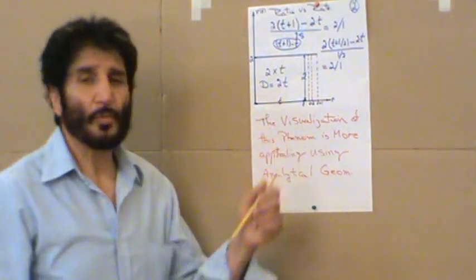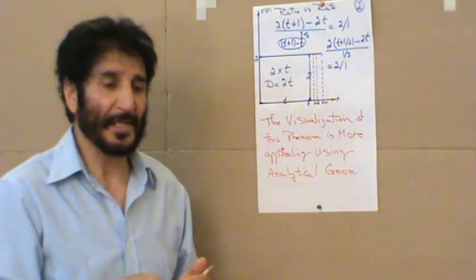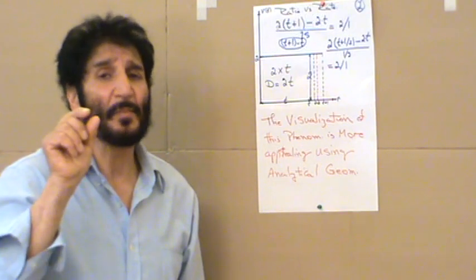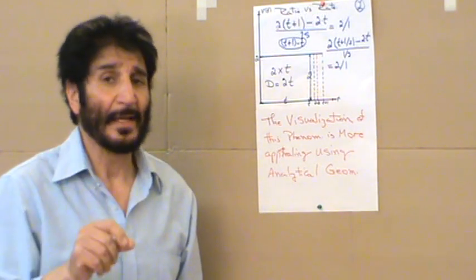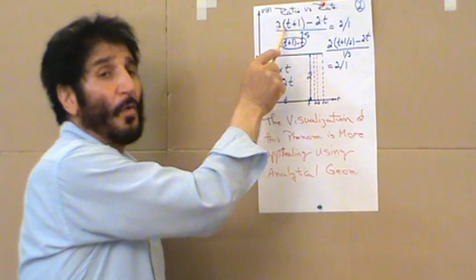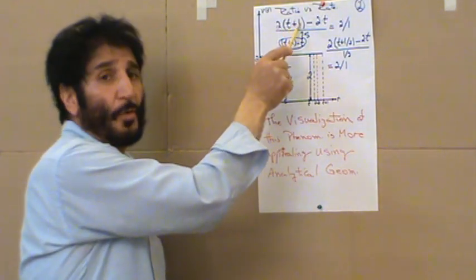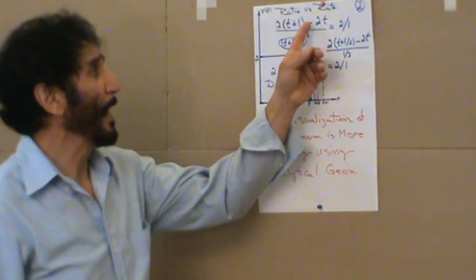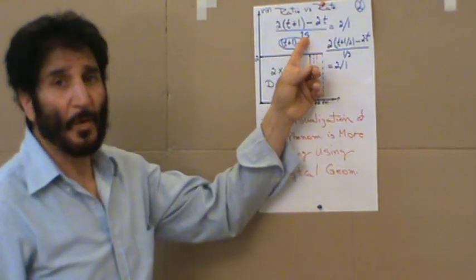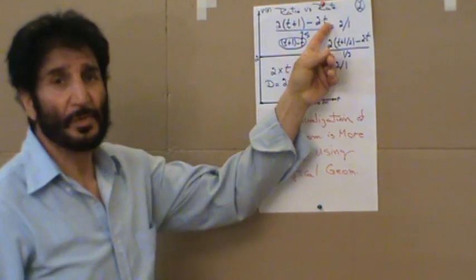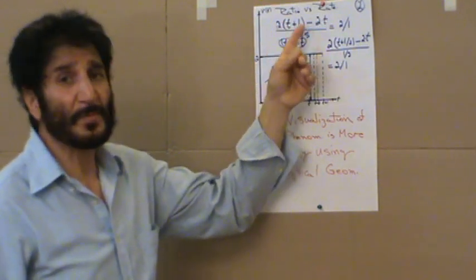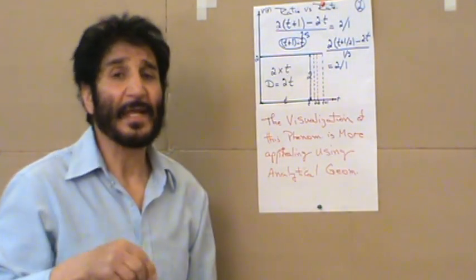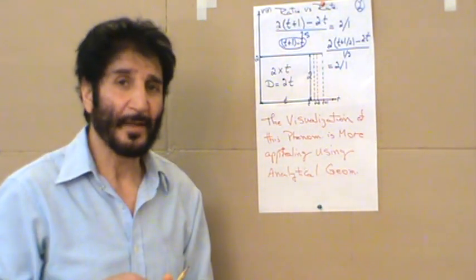Next I'm going to go closer to the fixed t, and the interval of time that I select will be 1/4 of a second. So that will be 2 times (t plus 1/4) minus 2t, divided by 1/4. 2t and 2t cancel each other. 2 times 1/4 is 1/2, and 1/2 divided by 1/4 is again a ratio of 2 to 1.